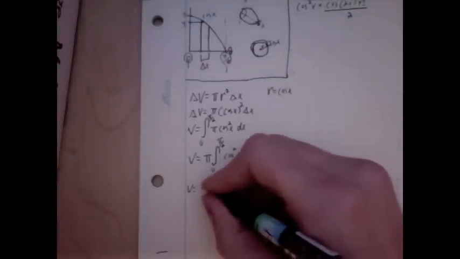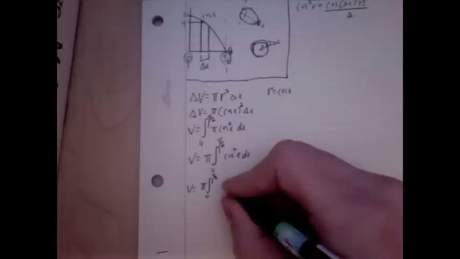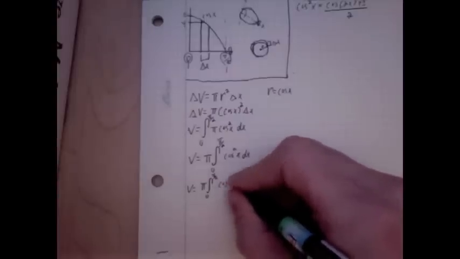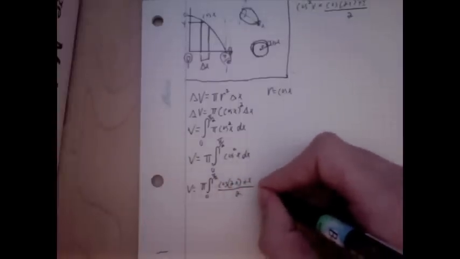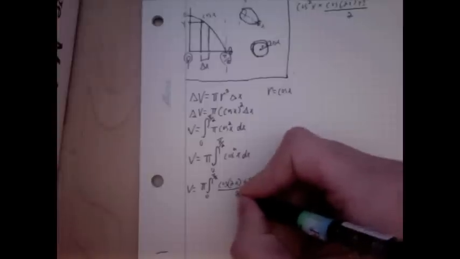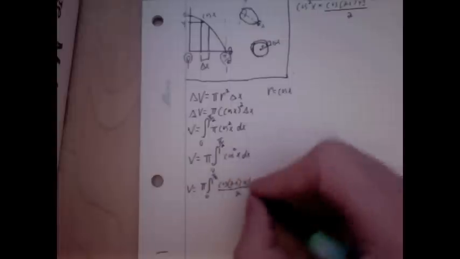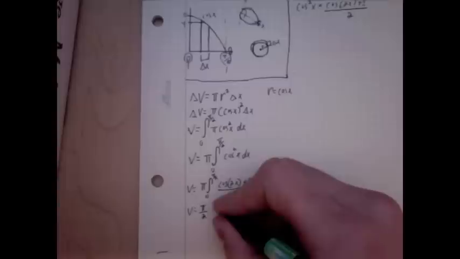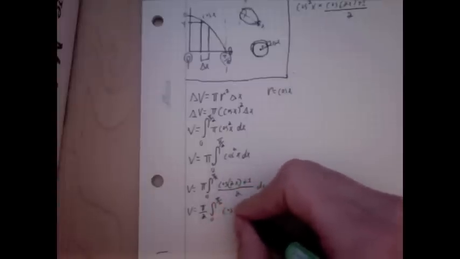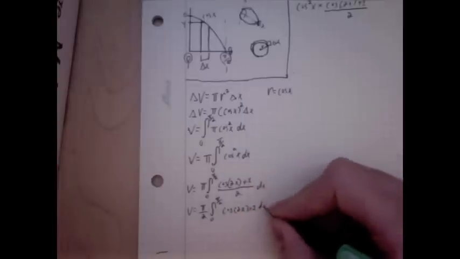If we plug that in, we get the integral from 0 to pi over 2 of cosine 2x plus 1, all of that over 2, dx. Then pull the 2 out to make life much easier. So volume is equal to pi over 2 times the integral from 0 to pi over 2 of cosine 2x plus 1 dx.